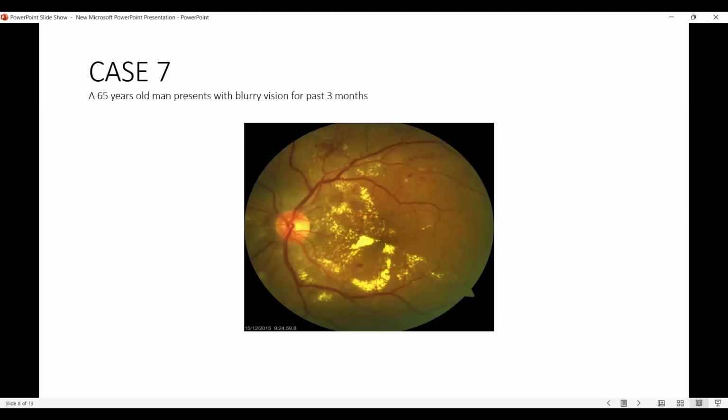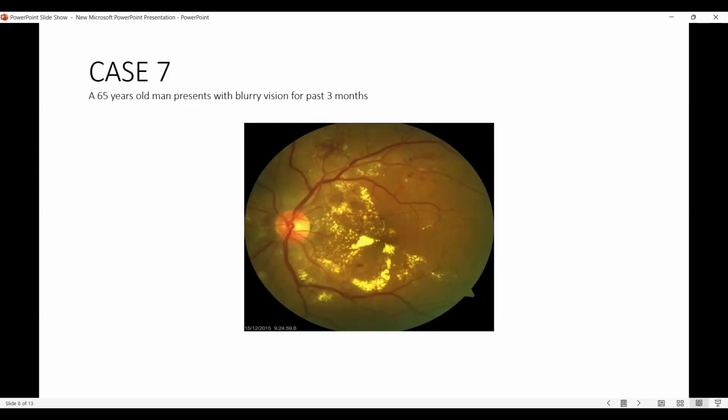This is a color photograph of the left eye showing relatively clear media. The disc margins are well defined, with a cup-disc ratio of 0.3.